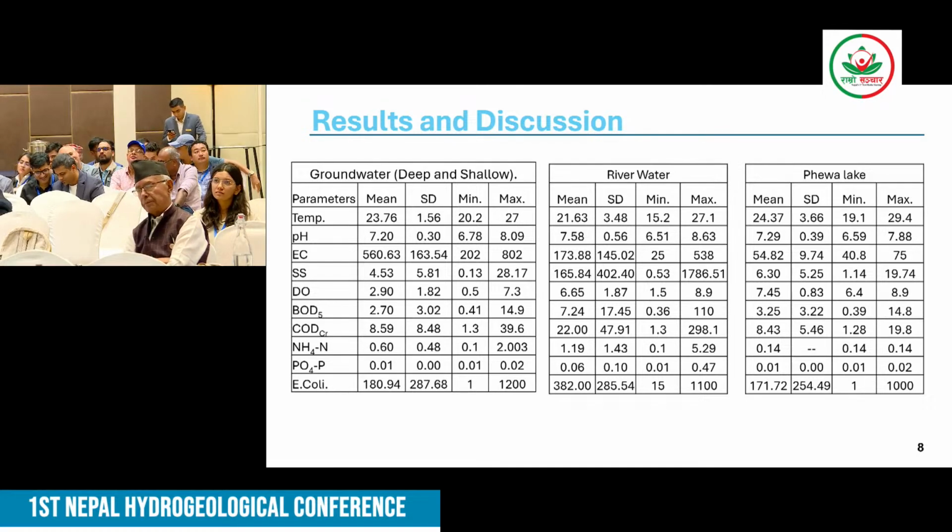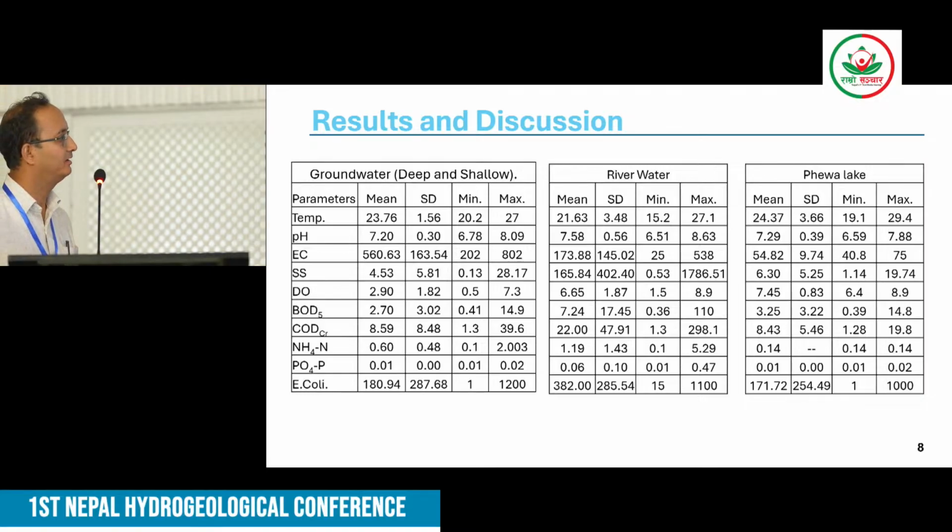So here, mainly I want to focus on, if you see the suspended solids, the river is very high. You can see this value. And the BOD and COD are high in the river water and also the lake.